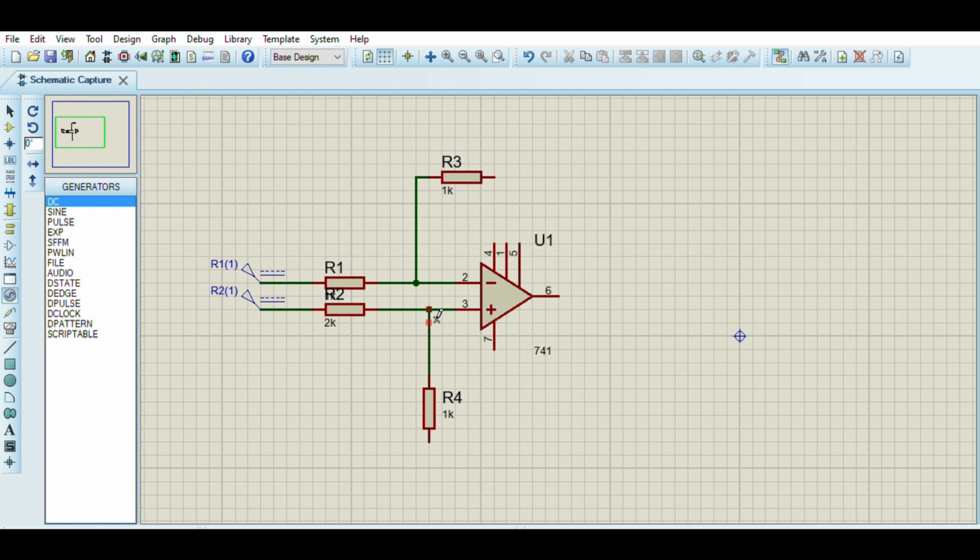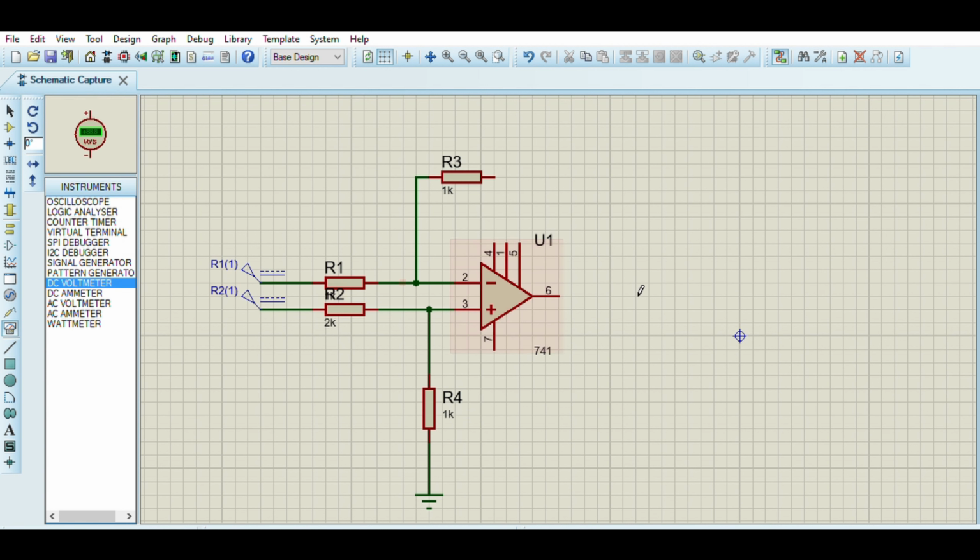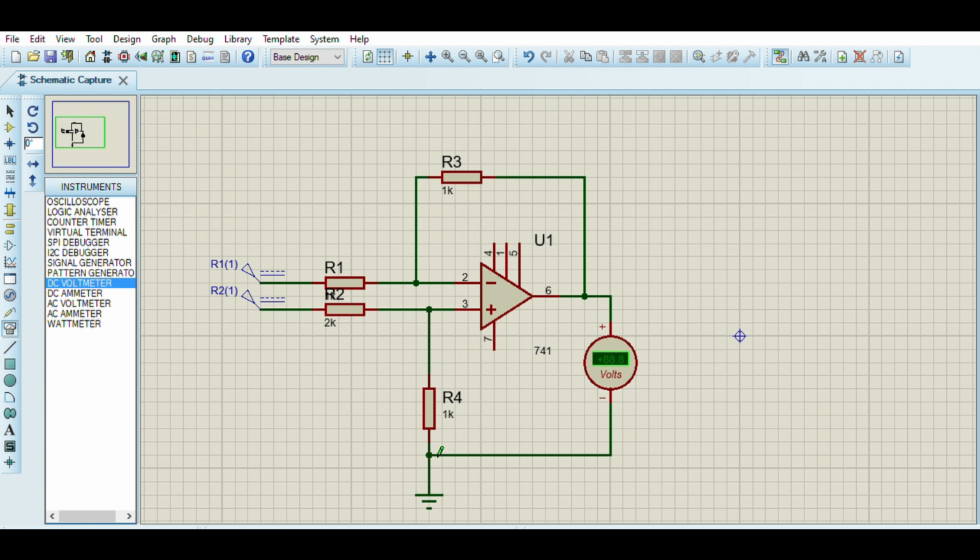The 1K resistor at the bottom is connected with the ground. The op-amp is connected with the DC voltmeter. The DC voltmeter is used to find out the value of the output voltage. The negative terminal of the DC voltmeter is connected with the ground.